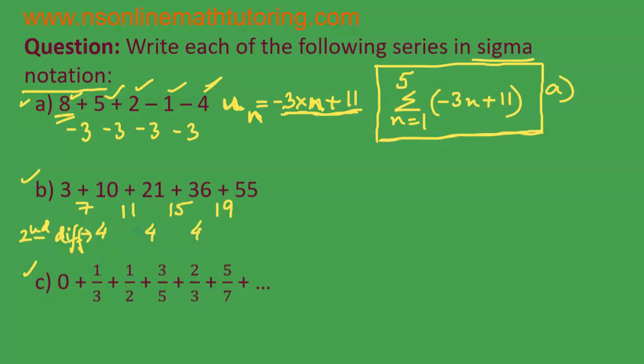Since the second difference is a constant, this is a quadratic sequence or quadratic series. And what is the expression of the general term of any quadratic series or quadratic sequence? It is un is equal to an square plus bn plus c.